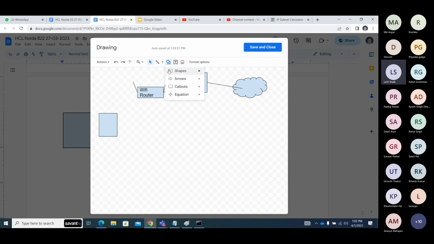I am getting internet or a network from here. This is my laptop or a mobile phone, my device.